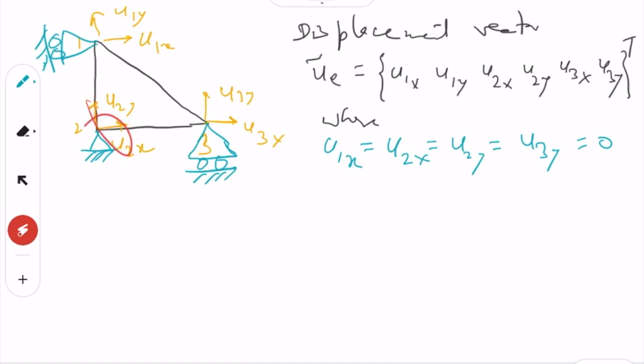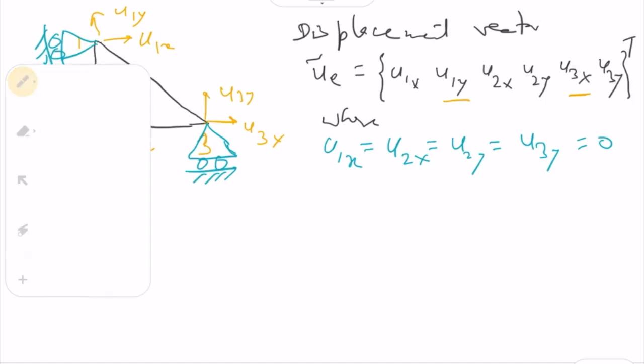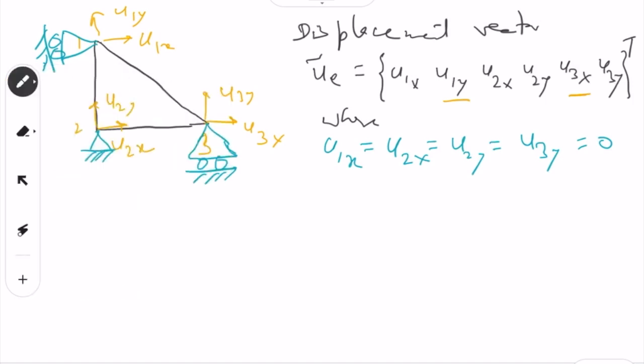So, both 0, here you cannot move this way. So, this is equal to 0. Yeah. So, only two things can move, as we identified, and those are U1y and U3x, these two.